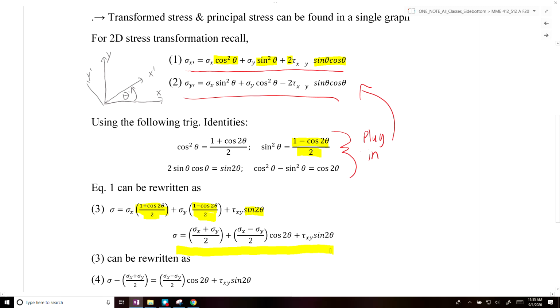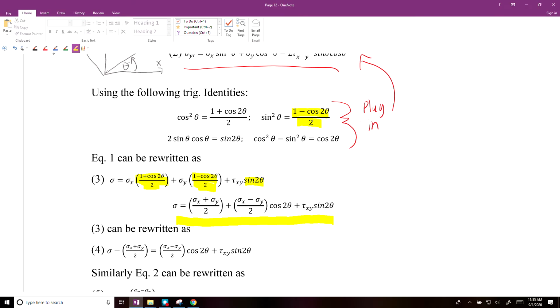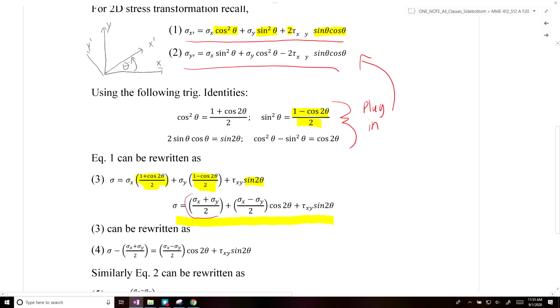So we can move over our terms. We can move this one term here, which is the average stress, or the average of the 2 normal stresses, to the other side, and we can leave it at that.